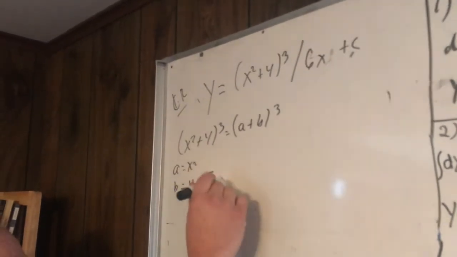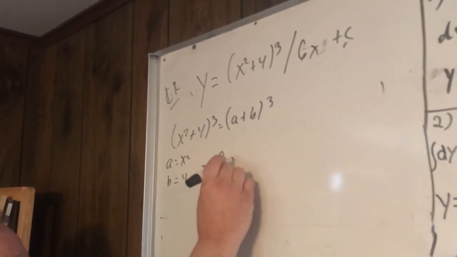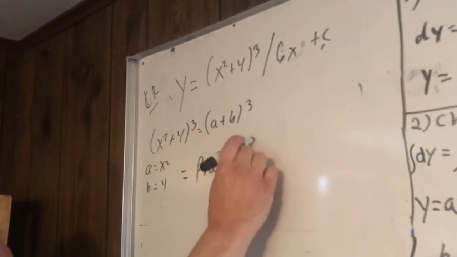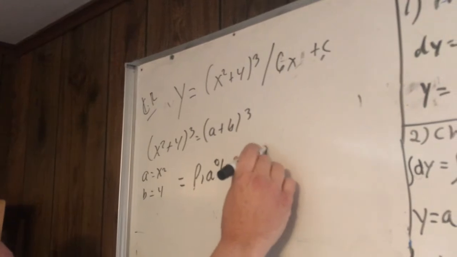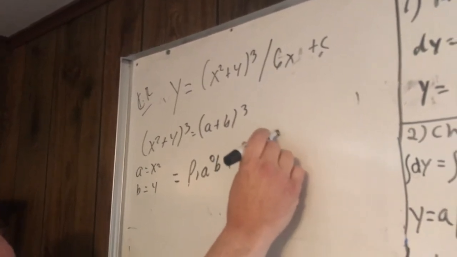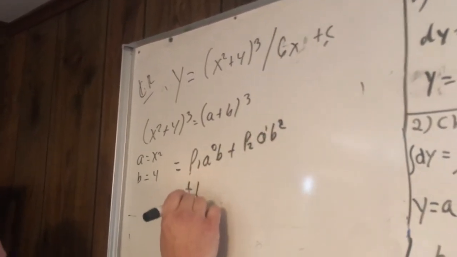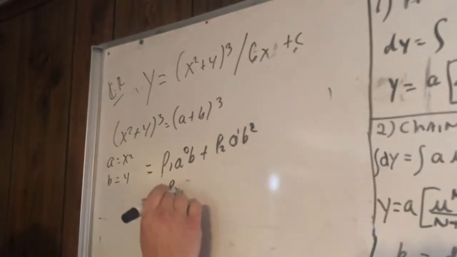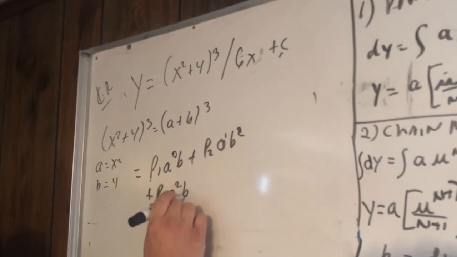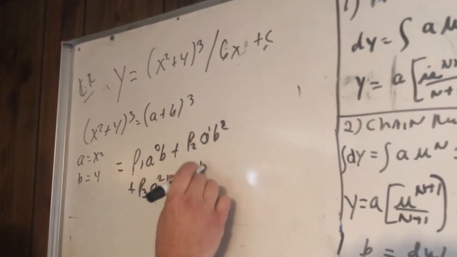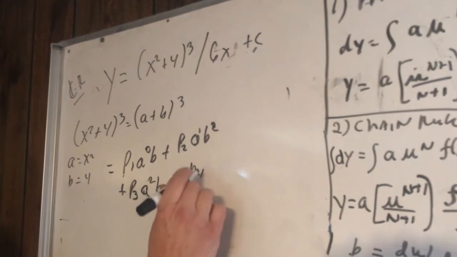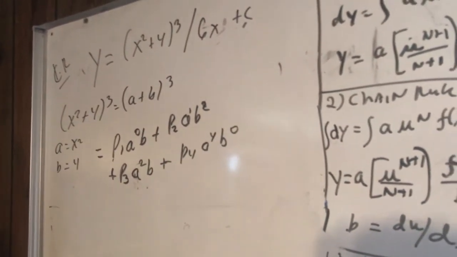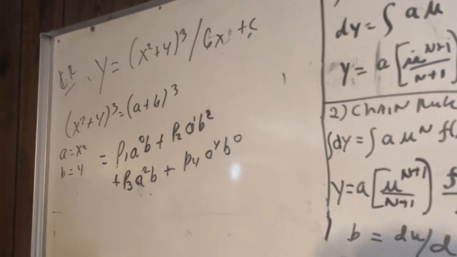So this is going to be P1 A0 B plus P2 A1 B squared plus P3 A2 B plus P4 A3 B0. And don't forget, A is x squared, B is 4, which we substitute later.